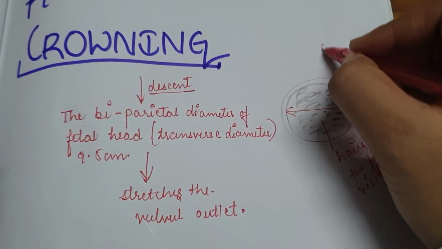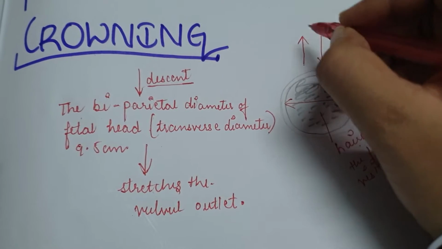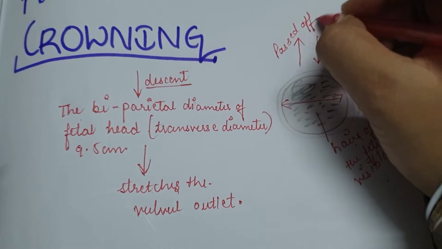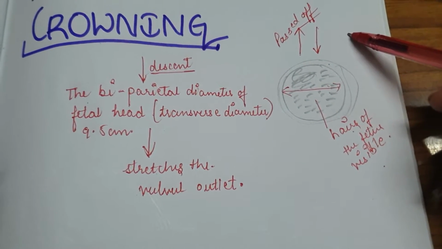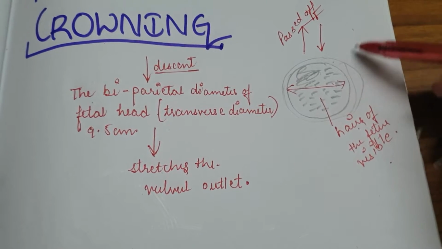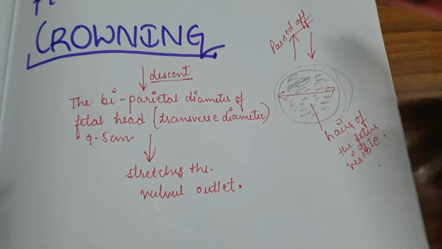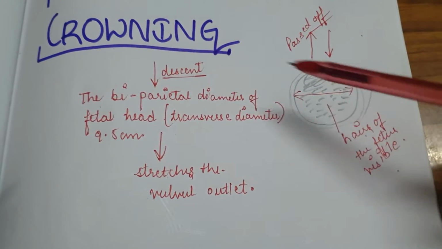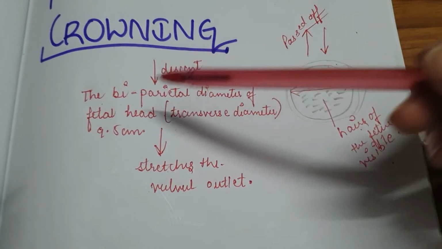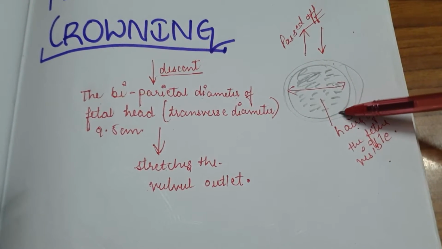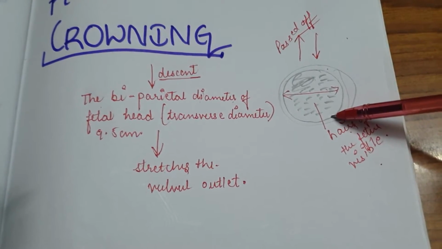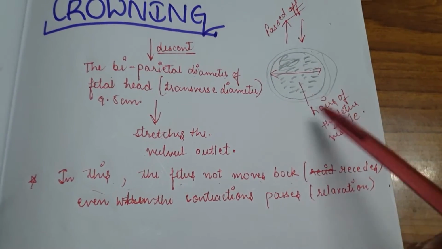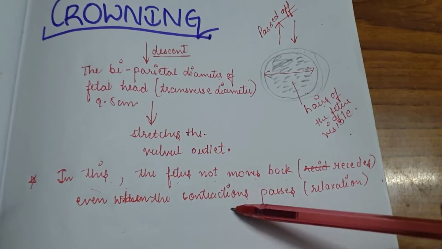So even when the contractions pass off, the head does not recede back, means the head does not pass back even when the contractions stop. So in the crowning, with the further descent, the biparietal diameter stretches the vulval outlet. So that is known as crowning. I have written the next point, that is, in this the fetus does not move back, that is, it does not recede back even when the contractions pass.